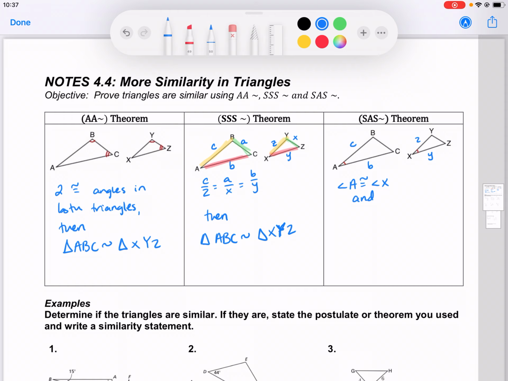So if that's true and C over Z equals B over Y, so these corresponding sides right here, then triangle ABC is similar to triangle XYZ.